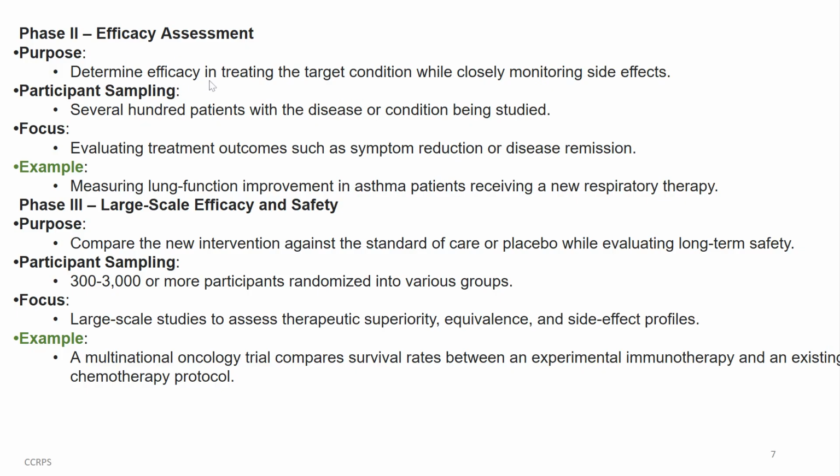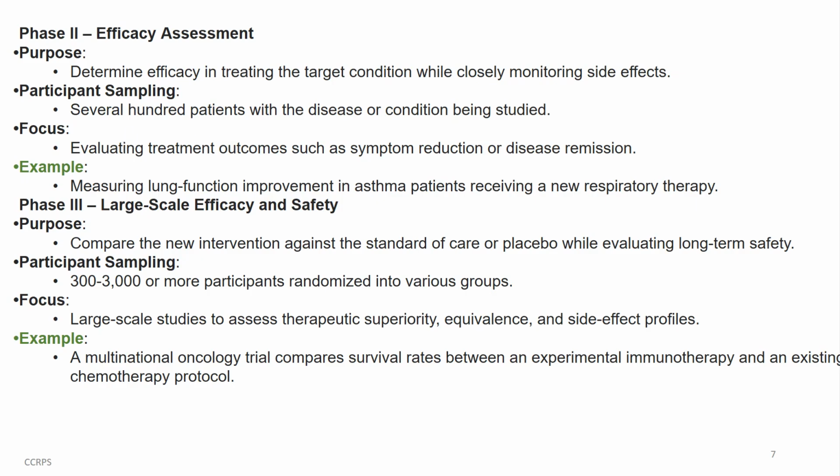The purpose: determine efficacy in treating the target condition while closely monitoring side effects. So safety and side effects started from phase one, and here efficacy and side effects monitoring as well in phase two.